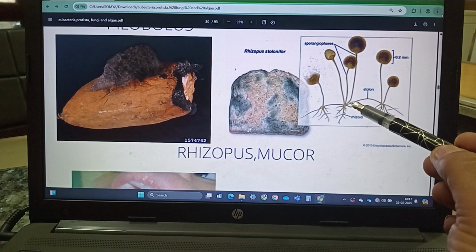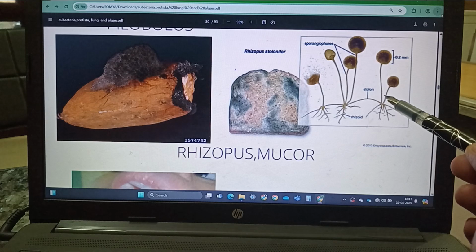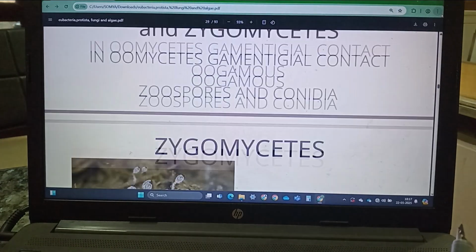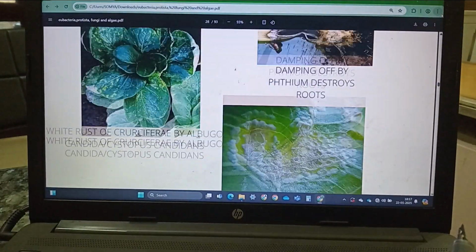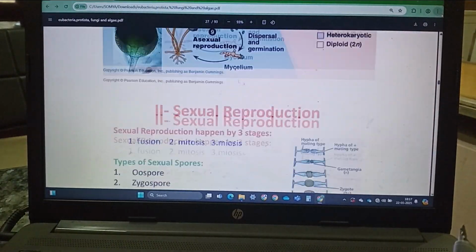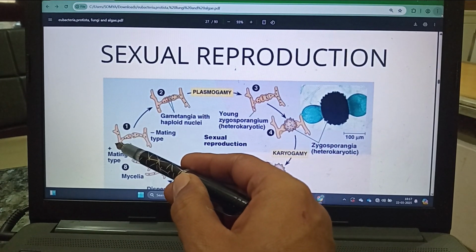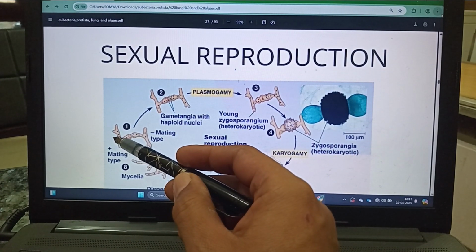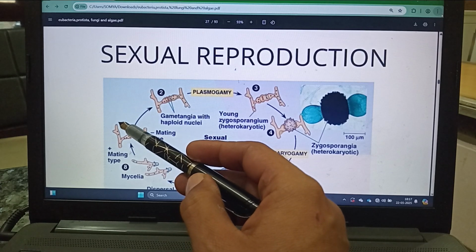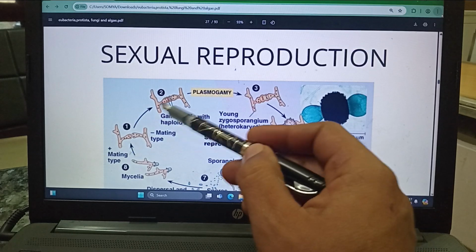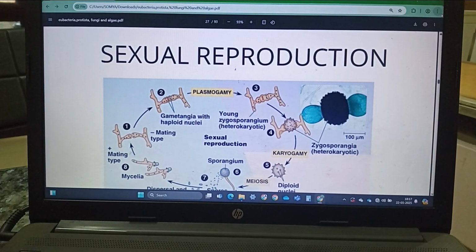The mycelium is coenocytic and aseptate. Here I want to show you the mycelium. The mycelium you are seeing is the coenocytic and aseptate type of mycelium present in the Phycomycetes.